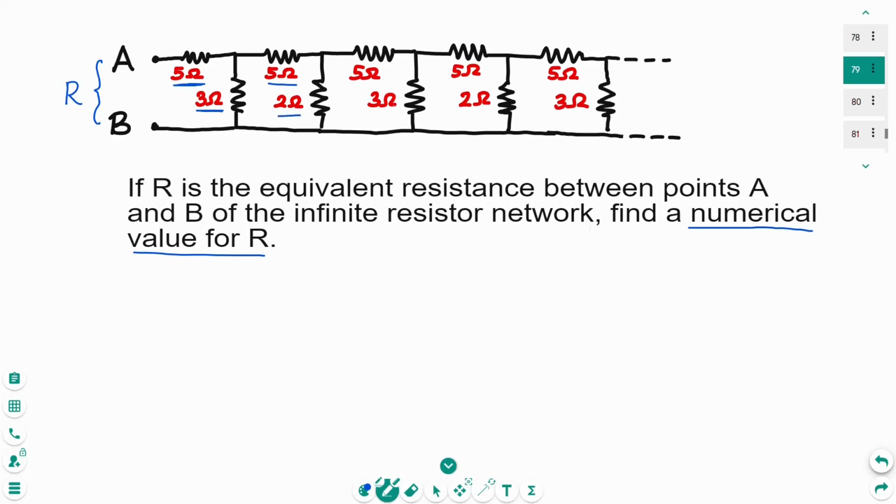So these four resistors, if you look carefully throughout the resistor network, are repeating one after the other. So what I'm highlighting here can be considered as the repeating unit of this infinitely long resistor network. So this would be the repeating unit.